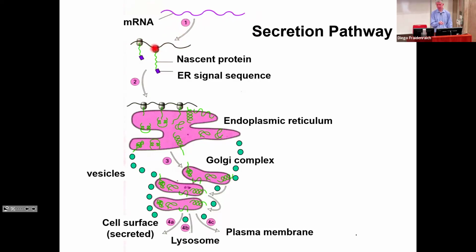But there is a little difference now: it's not completely translated. There is a little stop. The ribosome will stall basically and will float to the outer side of the endoplasmic reticulum, and then it will continue translation and translocation at the same time.